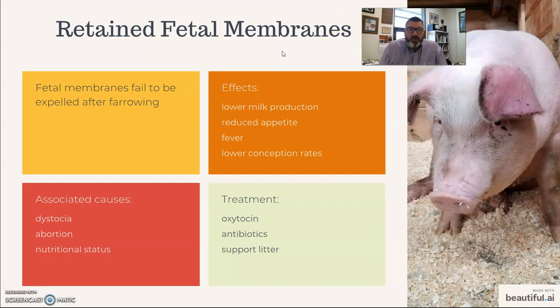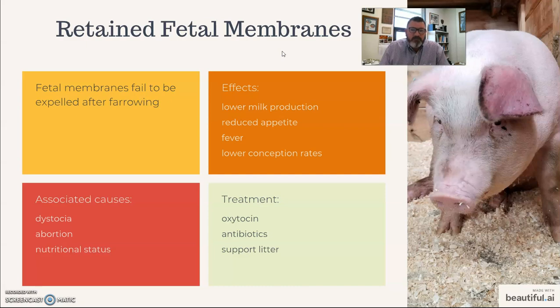Next is retained fetal membranes. This is a condition where the sow fails to expel the placenta after farrowing. Sometimes there are very unknown reasons for that. It's oftentimes associated with a few things that are listed here. Number one, dystocia. If she had difficulty birthing that litter of baby pigs, that may cause her to retain her membranes. Oftentimes abortion.